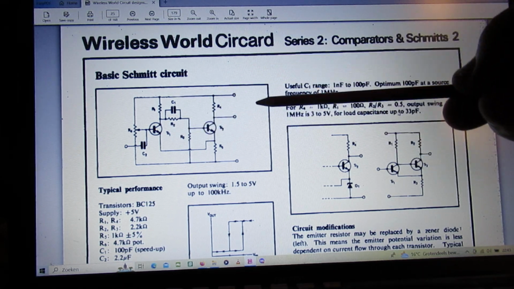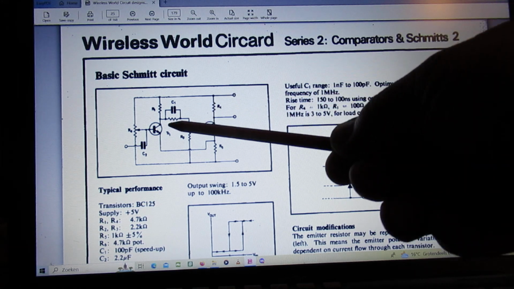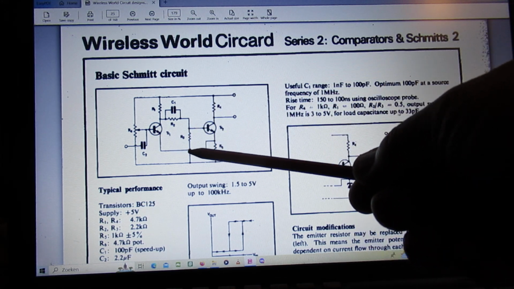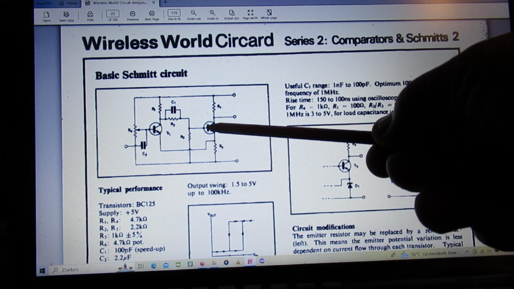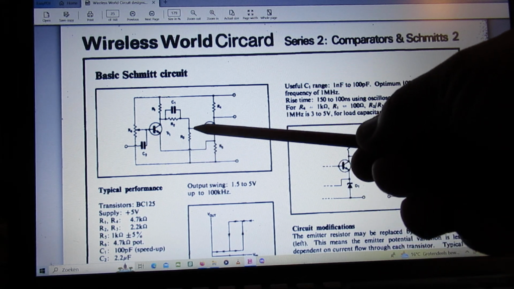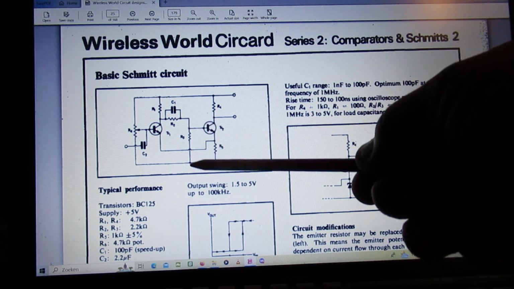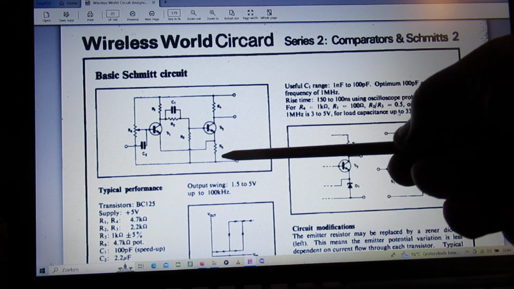But the whole principle is the same. The two emitters are connected here. That's very important. This is a bridge. The second transistor has a high value resistor from base to ground, to 0 in this case.